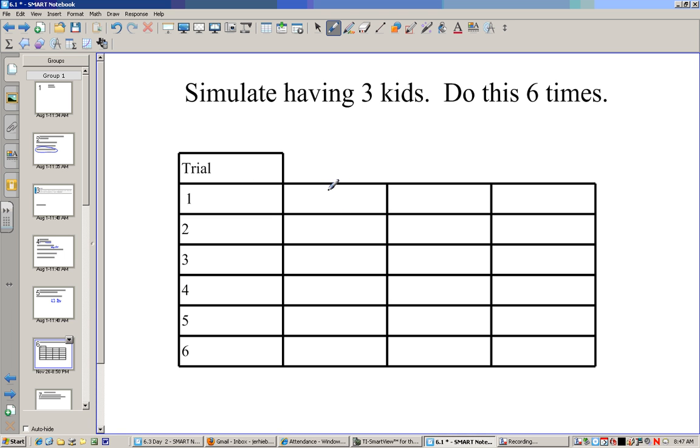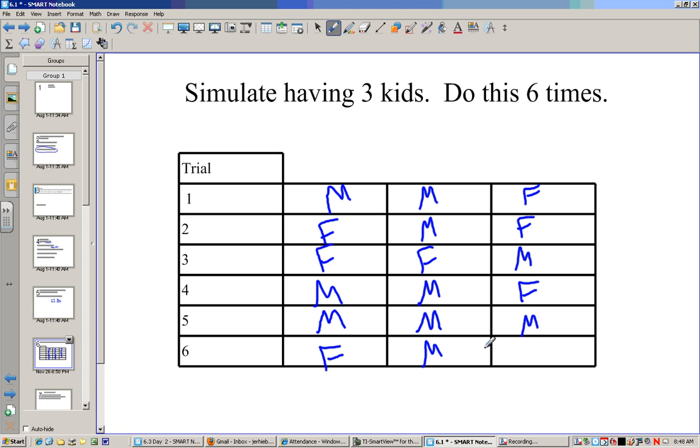So if we did this, I'm just going to do this real quick. We're going to get male, male, female, female, male, female, female, female, male, male, male, female, male, male, male, female, male, and male.